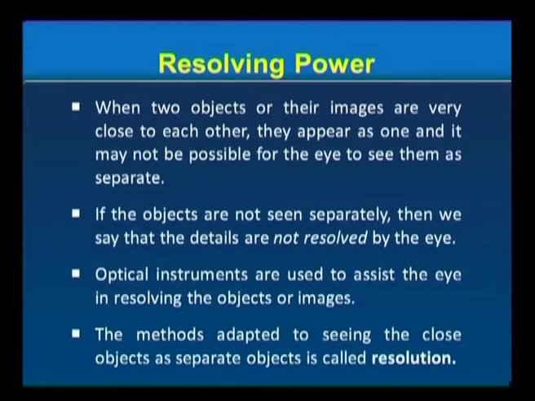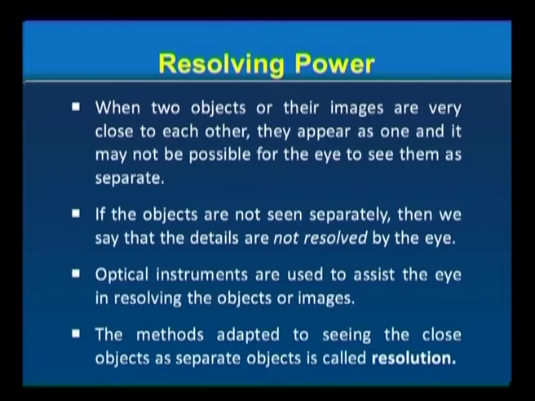That is what we mean by the resolving power. You talk of resolution, that is the objects to be resolved, to be seen distinctly as two different objects or three different objects. So, that is the resolving power.